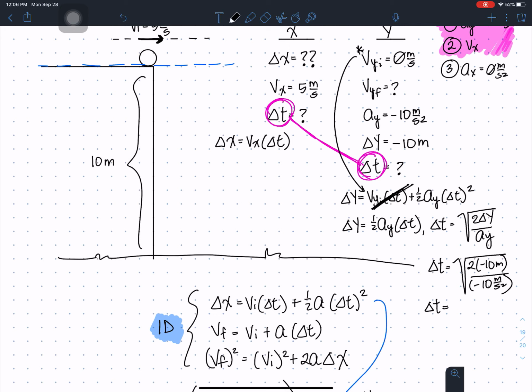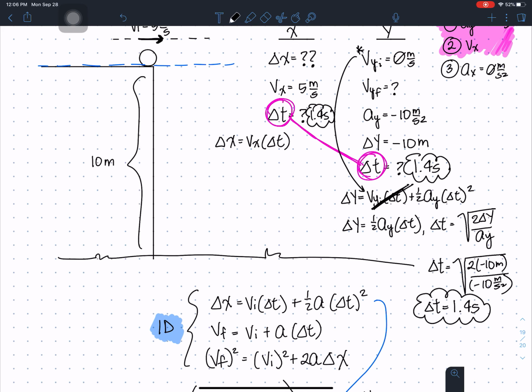All right, so t is actually about 1.4 seconds. So we found delta t for the y direction, and now we can plug that in the x direction because delta t is the same in both axes. So here I'm going to write in for delta t on my y variable table, it's 1.4 seconds. And here in the x, 1.4 seconds.